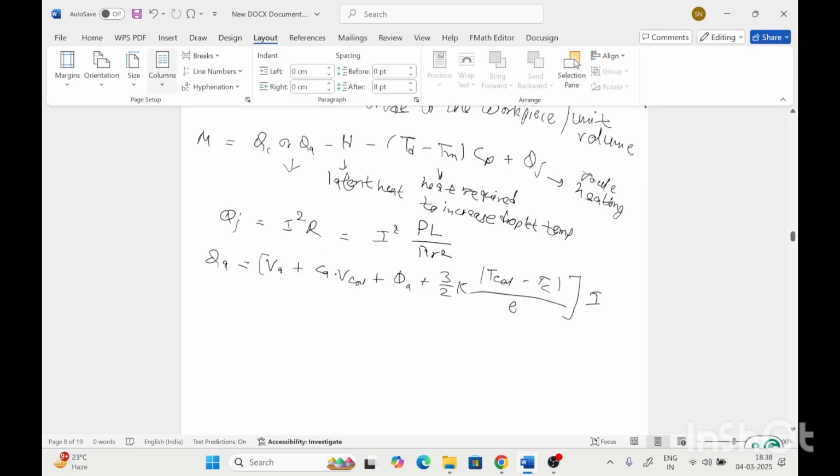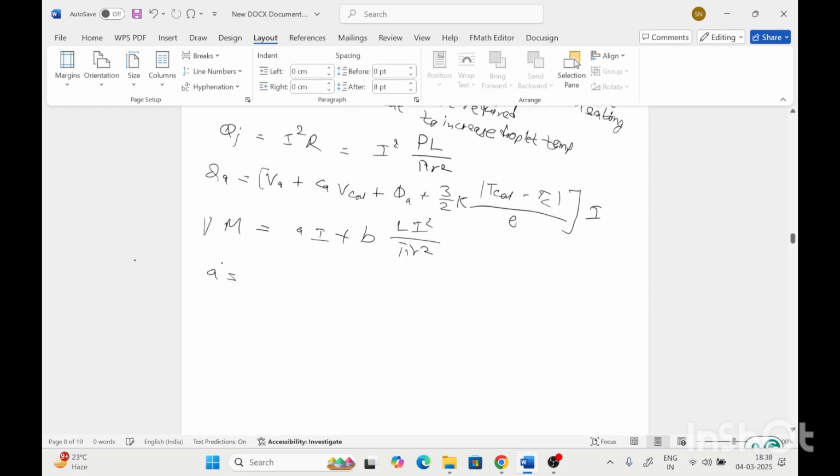So if we put these terms in the melting rate equation, the melting rate can be written as AI plus B L I square divided by pi R square.